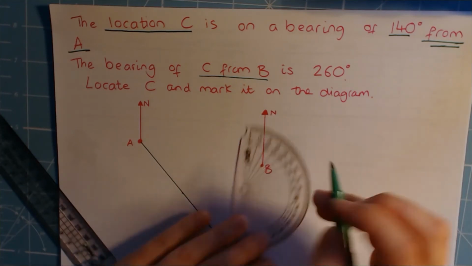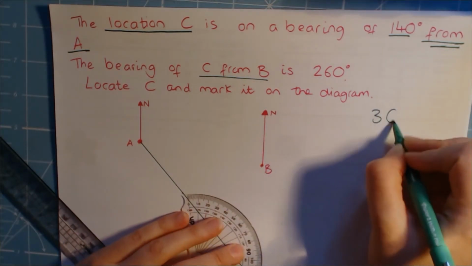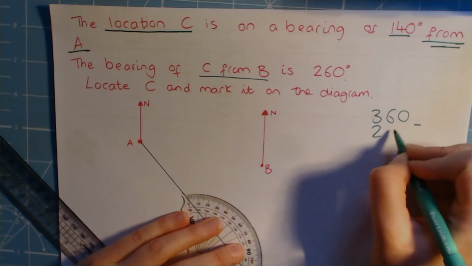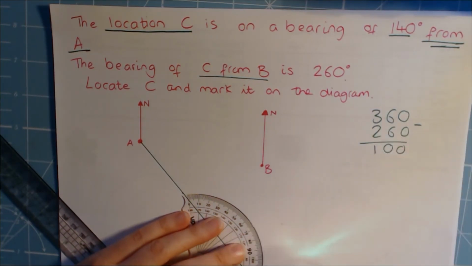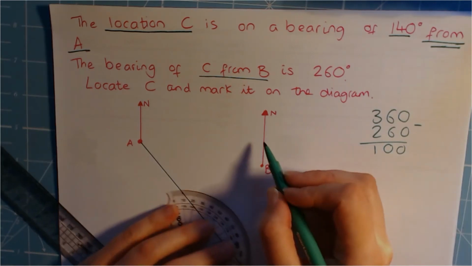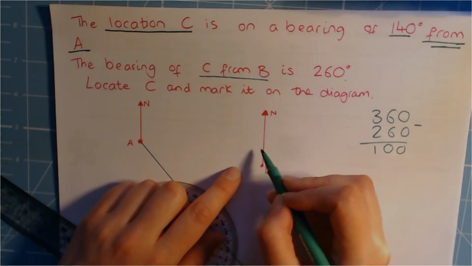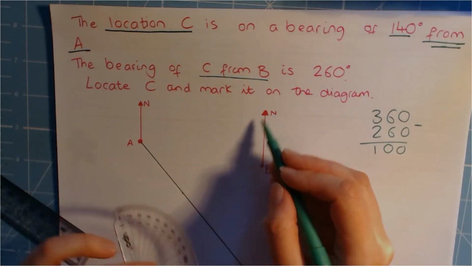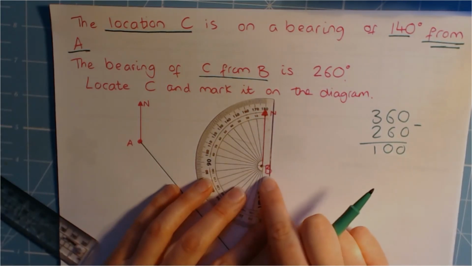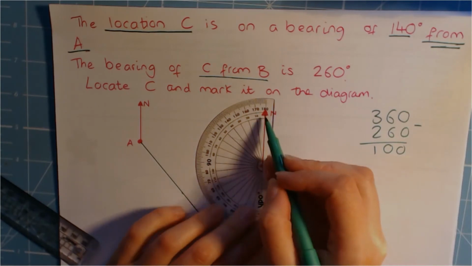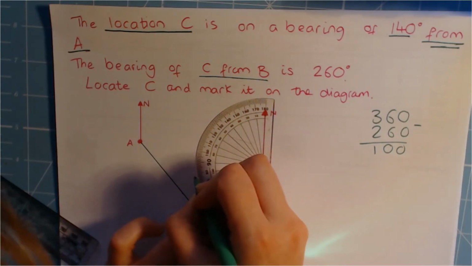So what I'm going to do is 360 subtract 260, which is 100 degrees, and that tells me what the leftover up here is going to be. If I put 100 degrees here, then I'll know everything else left is the 260. So on the inside scale now, 100 degrees is just here.